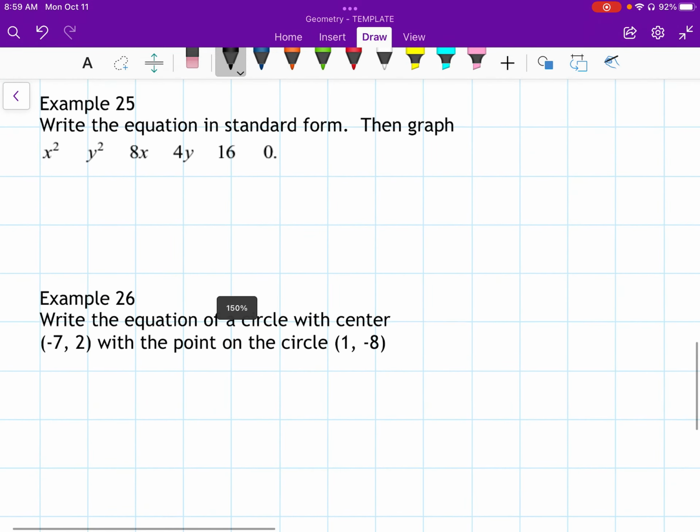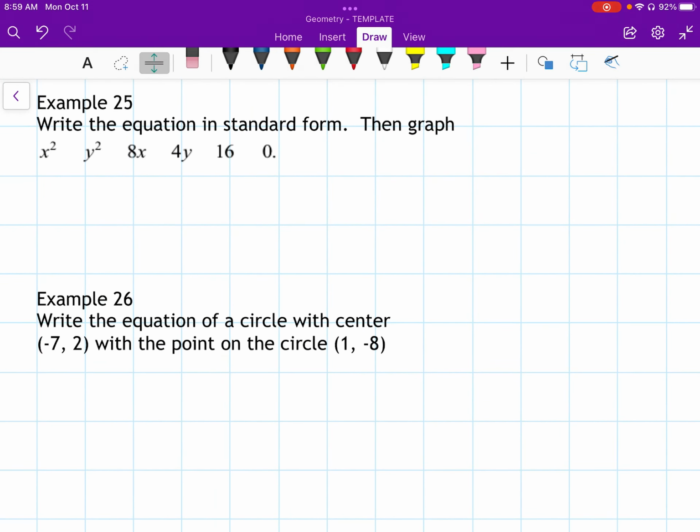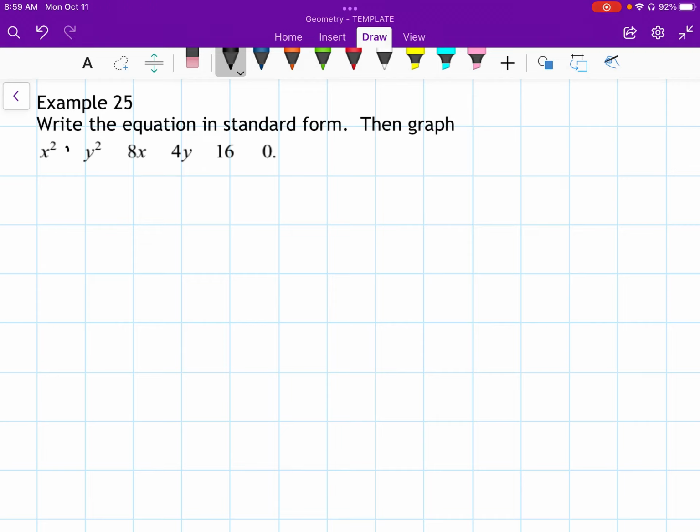Looking at number 25. This one will be x squared plus y squared minus 8x. Is it minus 8x? I think it's minus 8x. Plus 4y and plus 16 equals 0.